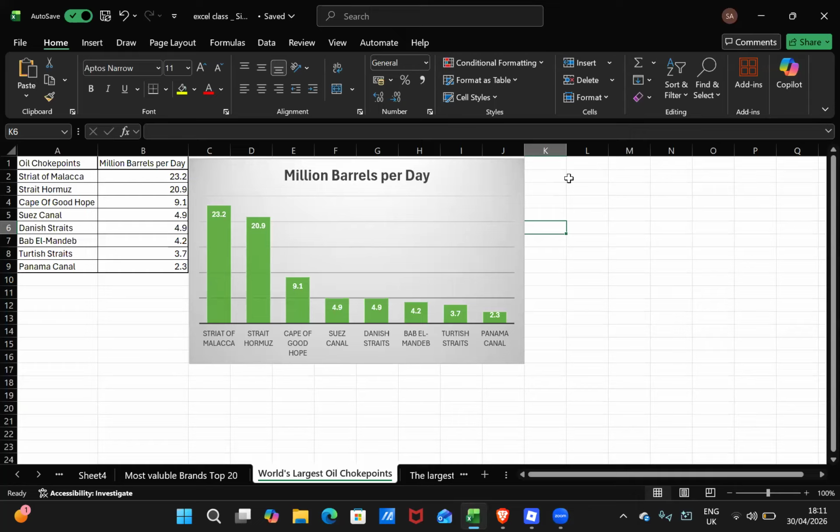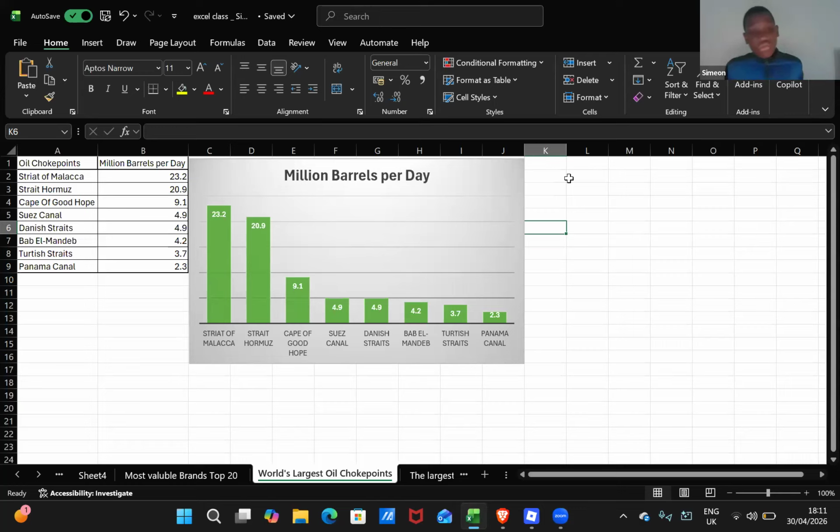So what can we say about this data? What can this data tell us? How many barrels are delivered per day? Like how many barrels do they get per day, or filled per day, that pass through those places?